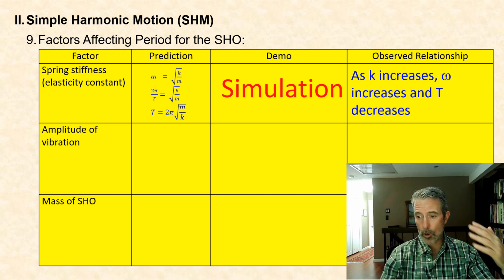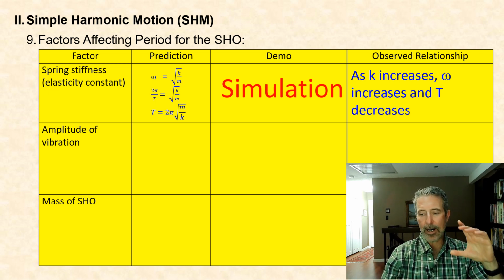That is, we saw a large number of vibrations per second compared to the flexible spring, and the period of vibration was much smaller, meaning that it did not take very long for the mass on the end of the stiff spring to make one complete vibration.